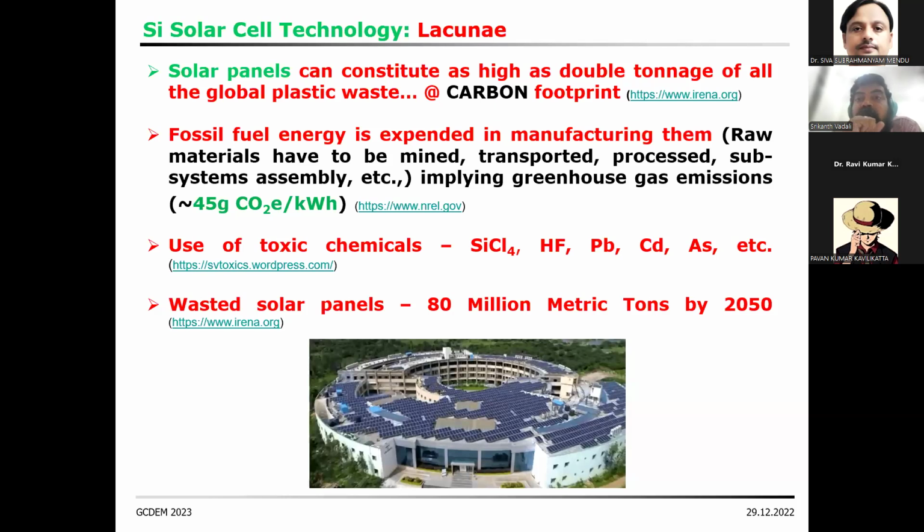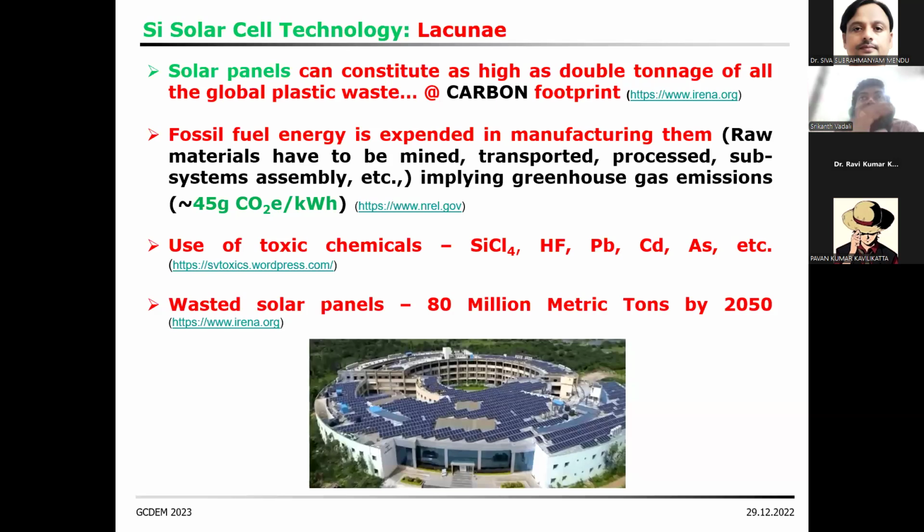I'm not saying that myself; I'm quoting from the international organization which quantifies the carbon footprint of different conversion, storage, and transmission technologies. They have calculated by considering different countries and the total number of solar panels being installed. All that considered, solar panels can constitute as high as double the tonnage of all the global plastic waste.